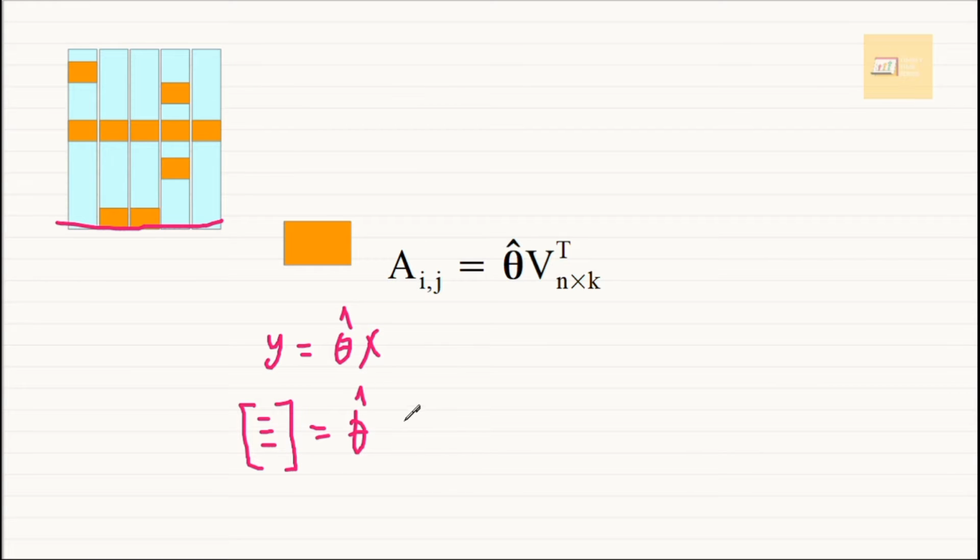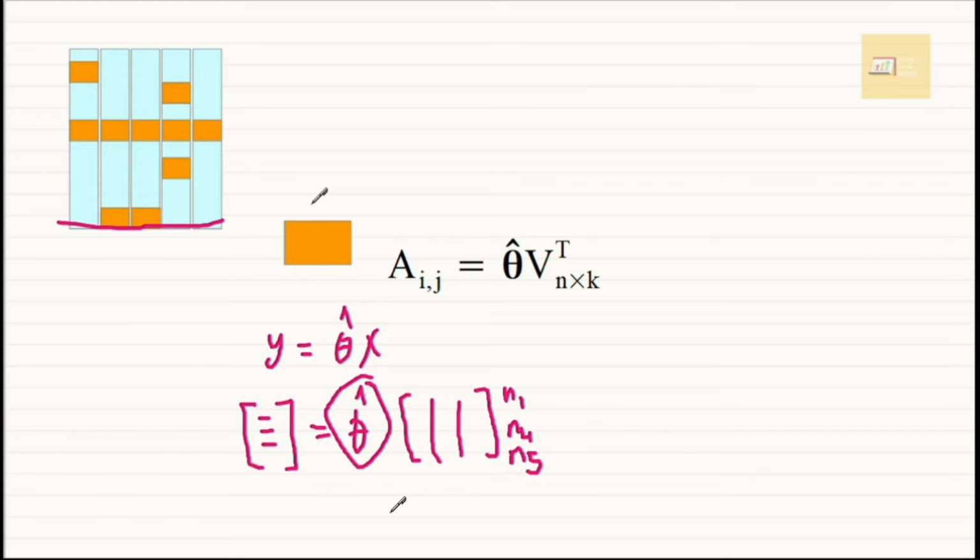For the x, we will have 3 rows and 2 columns. The rows used would be n1, n4, and n5. We don't use the second and the third row of the reduced matrix V transpose because they are the missing values. And then the trained theta hat would be used to reconstruct the missing values.